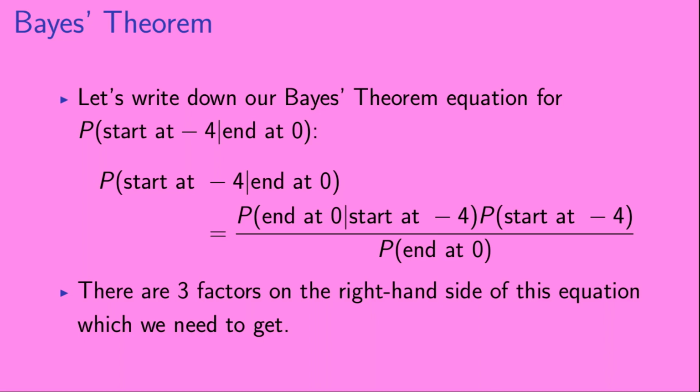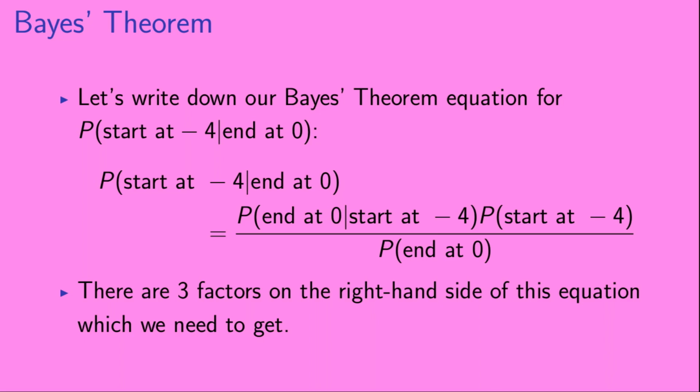So the probability that the object started at minus 4, given that it ended at 0, is equal to the probability that the object will end at 0, given that it started at minus 4, times the probability that it will start at minus 4, divided by the probability that it will end at 0.